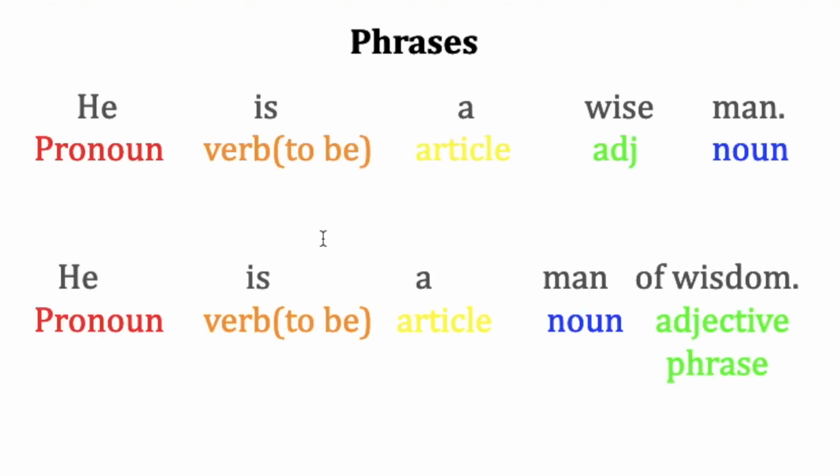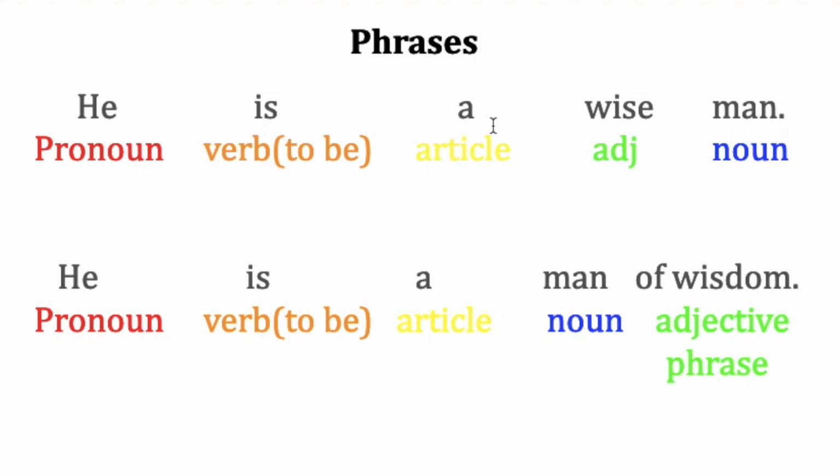Now let us look at this example. I have written, he is a wise man. Now if you try and segregate each word in the given sentence, we would be segregating in this way. He is the pronoun, is the verb form of to be, because to be has got present forms: is, am, are.